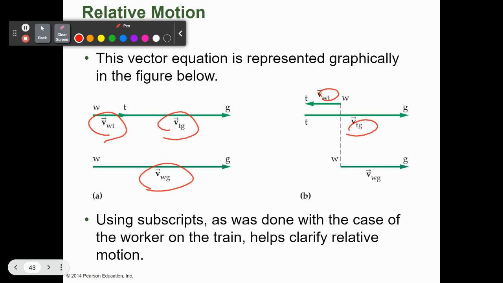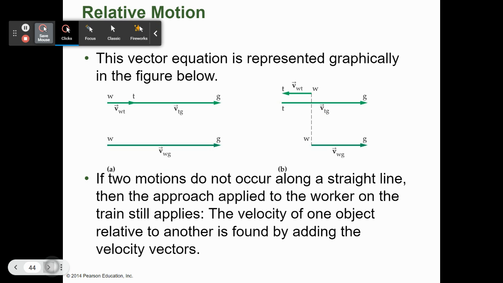So the velocity of the worker relative to the ground is going to look like that. We use the subscripts to help us keep track of what's going on where. Again, if they're going in the same direction, we're simply going to add them together.